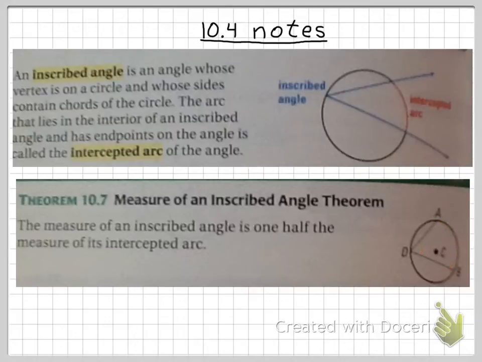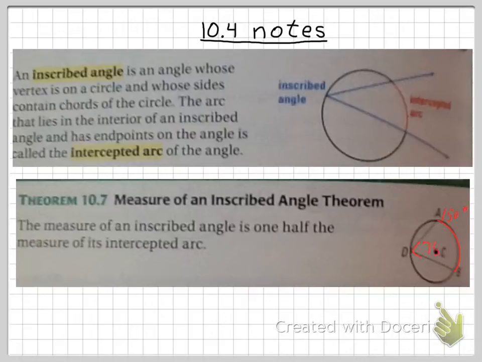So if, for example, this was 10 degrees, this would be twice as much. It would be 20 degrees. And if this is x, this is always going to be 2 times that value, 2x, in degrees. So, of course, if this was, say, 150 degrees, the angle would be half that.